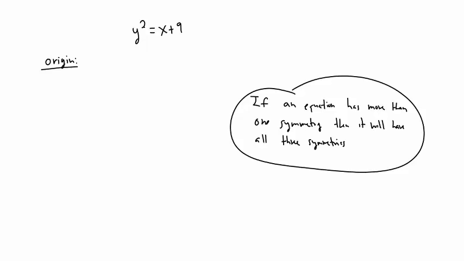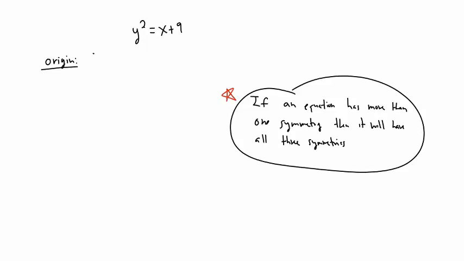If it were to have symmetry about the origin, then it would have all three symmetries. We already know that it has x-axis symmetry. So having two symmetries would imply that it has all three. We know that it does not have symmetry about the y-axis. Nonetheless, let's go through this.